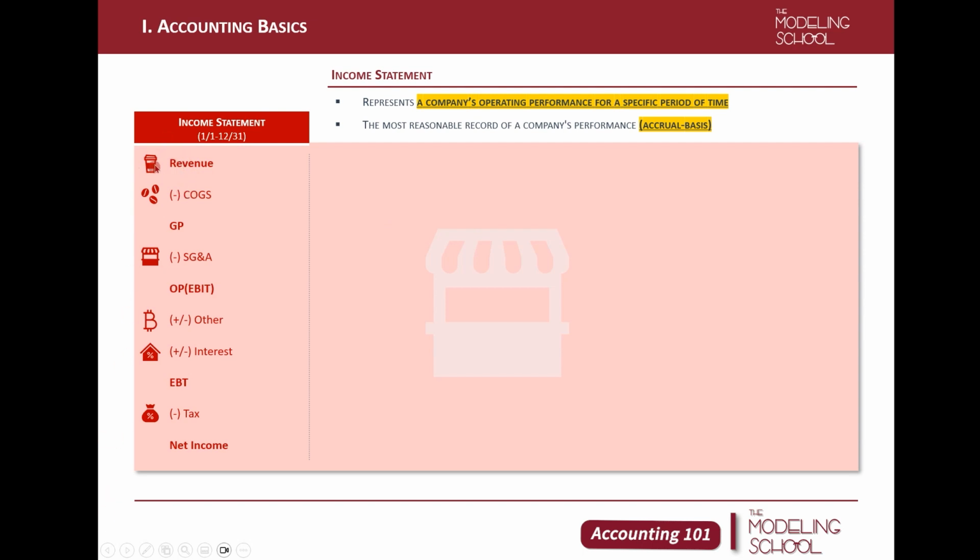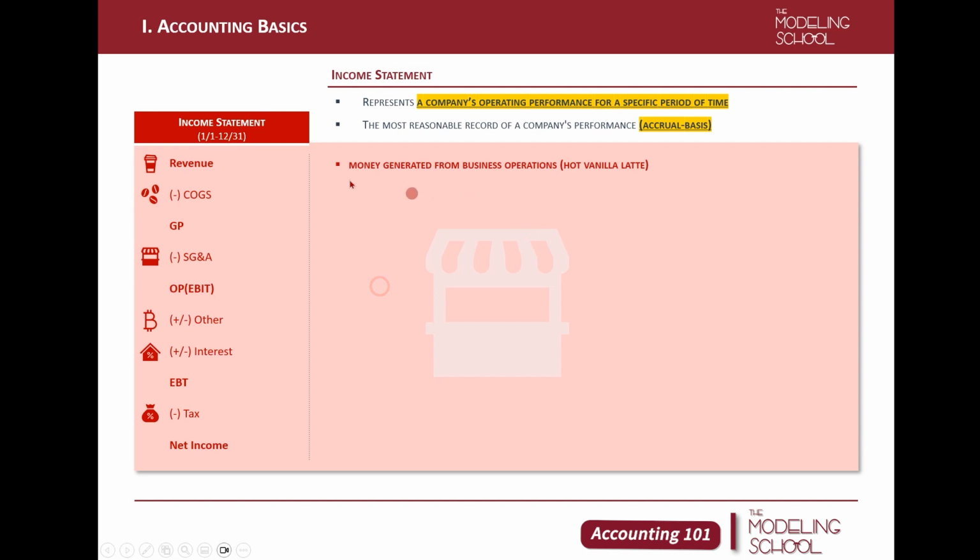Just one thing is that sometimes cost of goods sold and selling, general and administration expenses, COGS and SG&A, these two are these days combined, and we use the phrase OPEX, operating expenses. But in most countries we still use income statements that look like this.